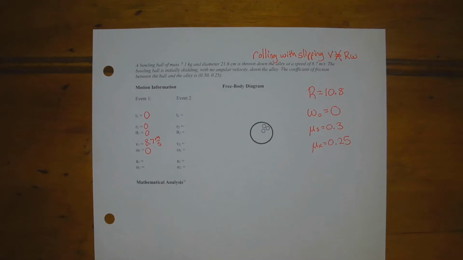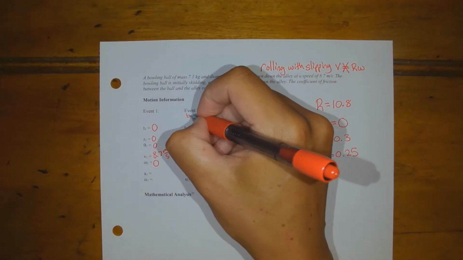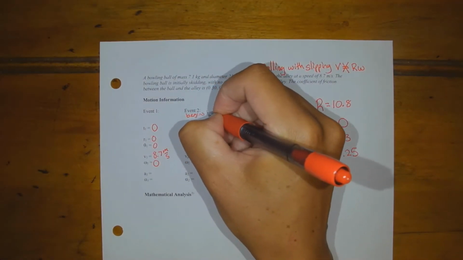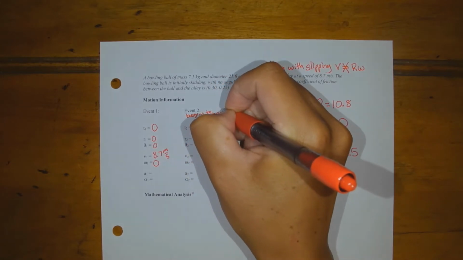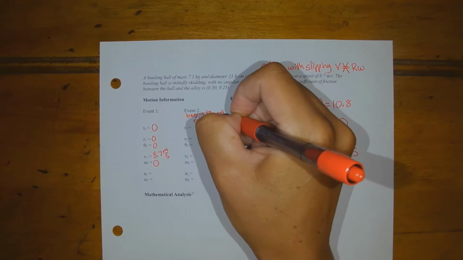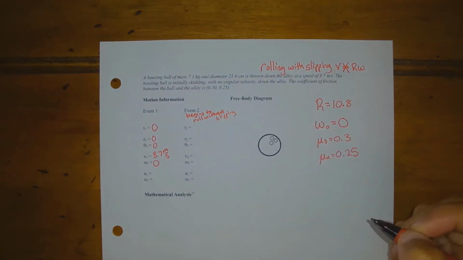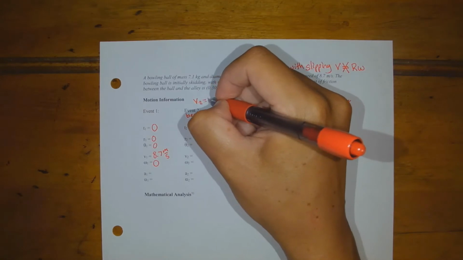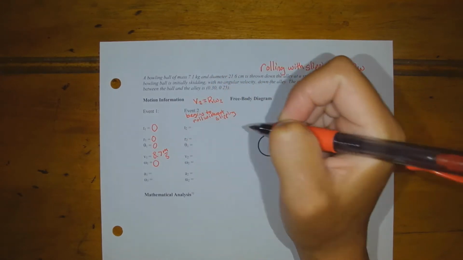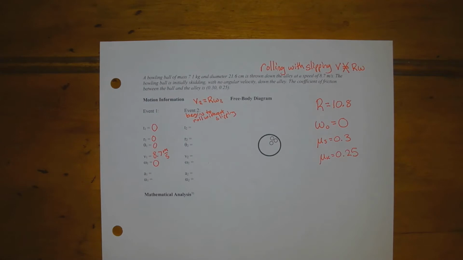Event 2 is when the ball begins to roll without slipping. So at event 2, we will have V2 equal to R times omega 2, but not before event 2.